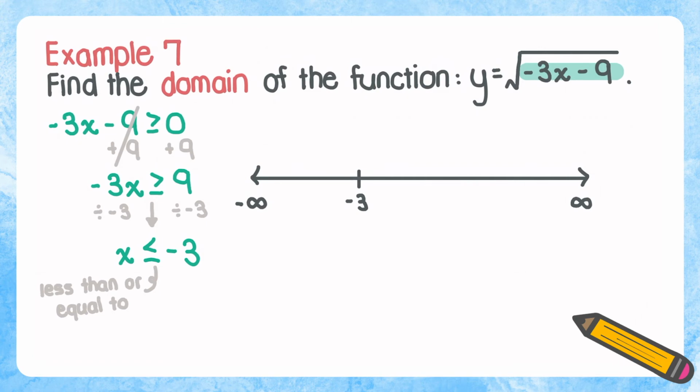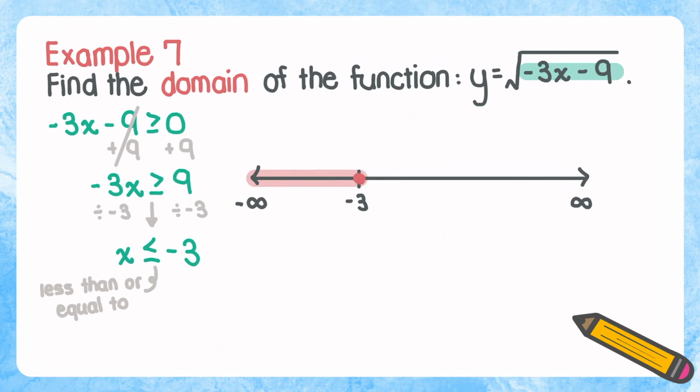So like negative 5, negative 100, negative 1000, all of those are okay options. So we start at negative infinity and then move all the way to negative 3 and stop there. So I stop right at negative 3.